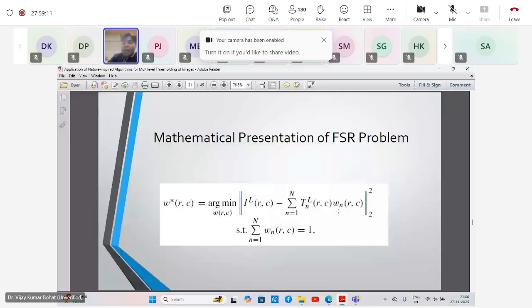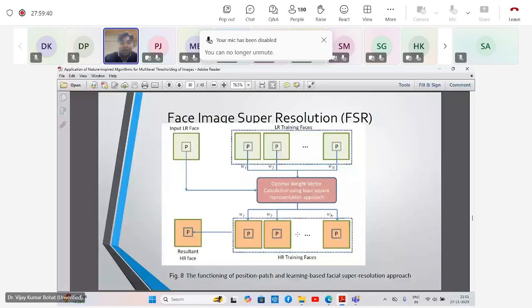So what I will do is randomly initialize solutions, just like in nature-inspired algorithms. Among random solutions, we find one of them best, so we move it iteratively. Iteratively they become better, and we find the best solution that gives the identical low resolution image. Those corresponding weights are multiplied with the high resolution images and we get the resultant HR face.